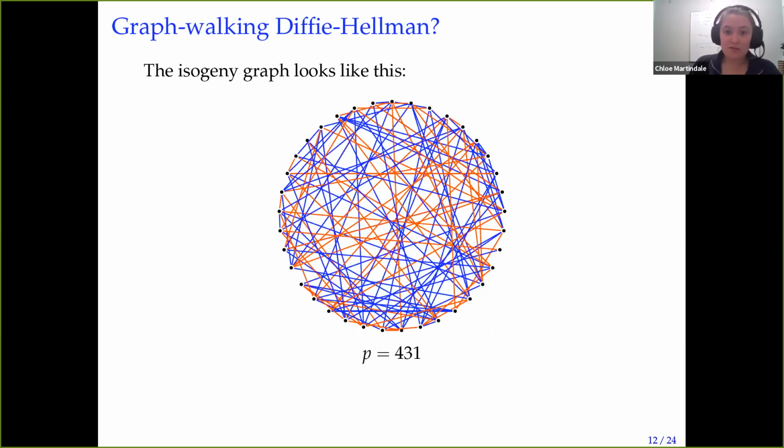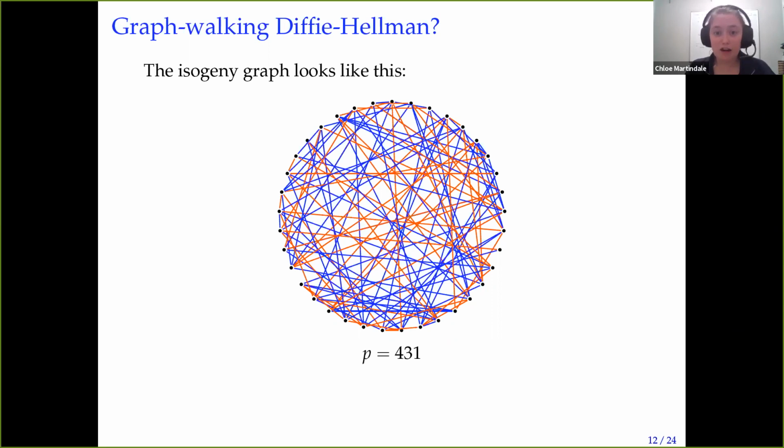Each black dot represents an isomorphism class of supersingular elliptic curves defined over F_P squared. The orange lines represent two isogenies between elliptic curves, and the blue lines represent three isogenies between elliptic curves.